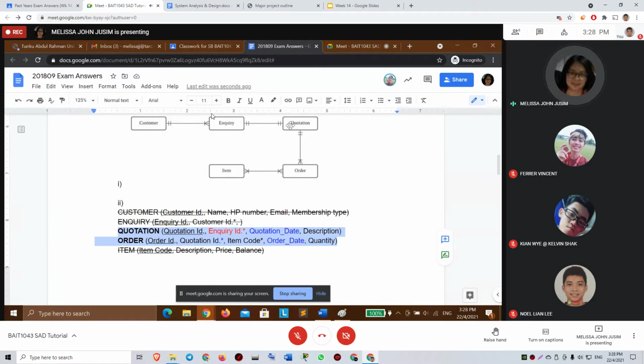Normally for our foreign key, we only look at the many relationship. I can see that in the quotation, there's no many relationship, so you just need to add in the PK, right?